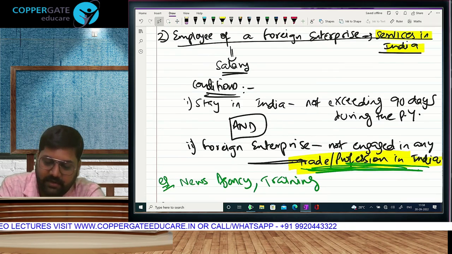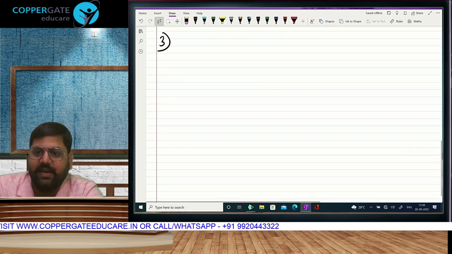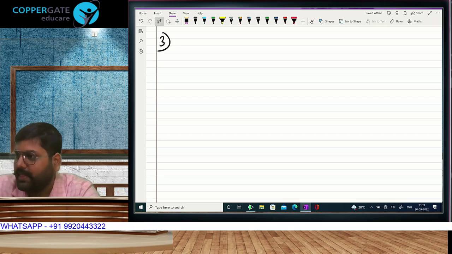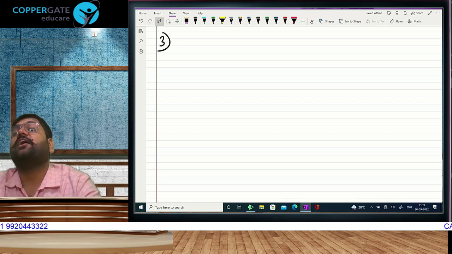Not exceeding 90 means, tell me, if the employee का stay in India is less than 90 days, is that allowed? Equal to 90 days? Allowed. Less is allowed and more is not allowed. That is okay, but equal to is very important. Allowed. Is that clear? Third exemption in section 10(6).